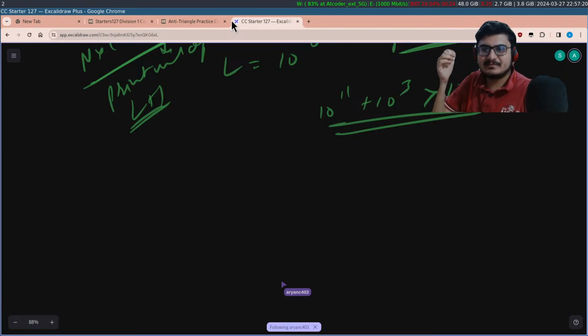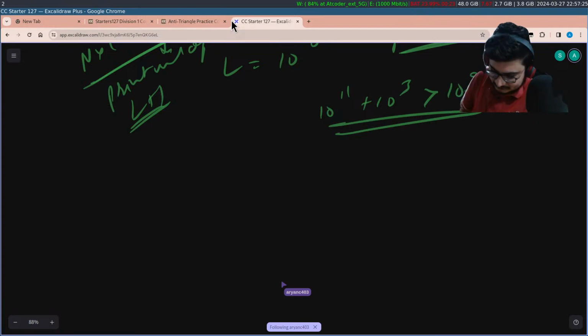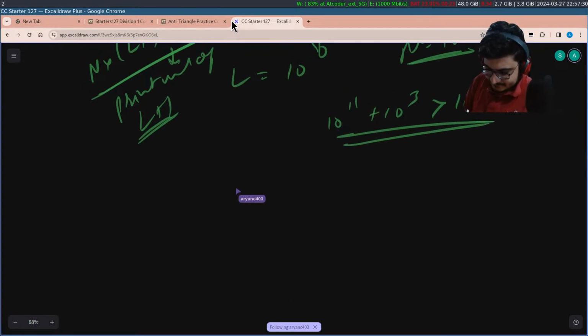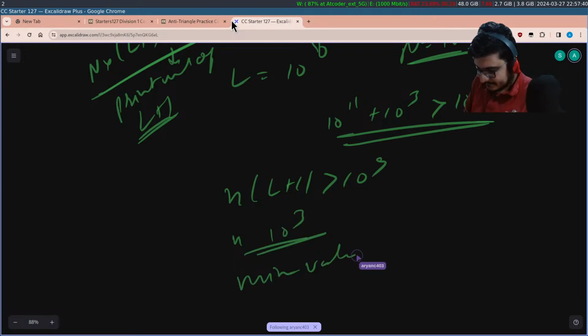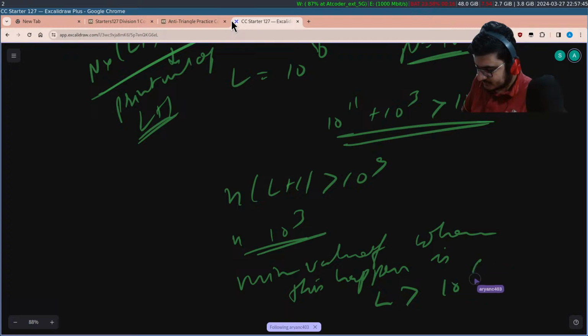The other thing you can note over here is, if n into L plus 1 is greater than 10 to the power 9 and the maximum value of n is 10 to the power 3, then the minimum value when this happens is that L is greater than or equal to 10 to the power 6.